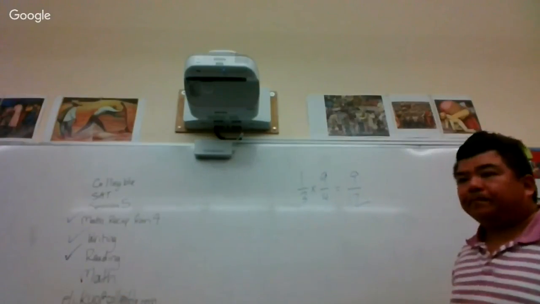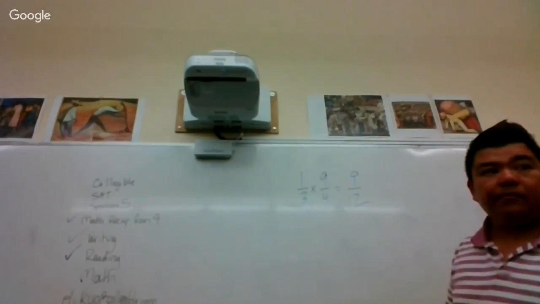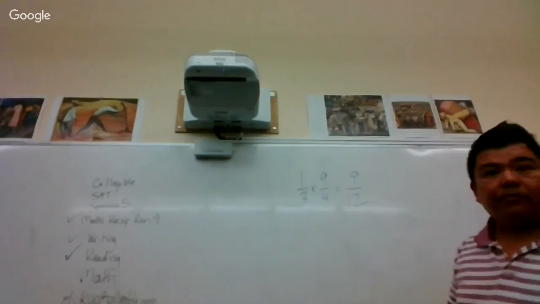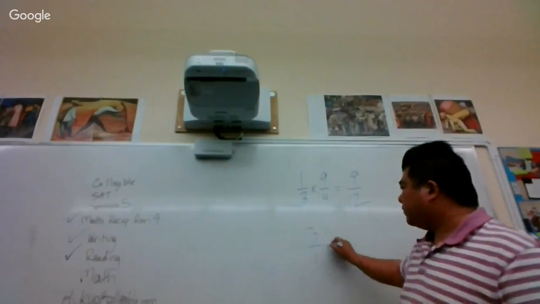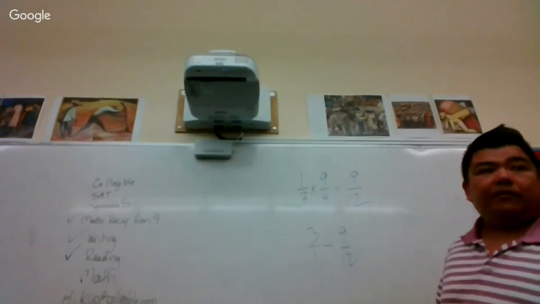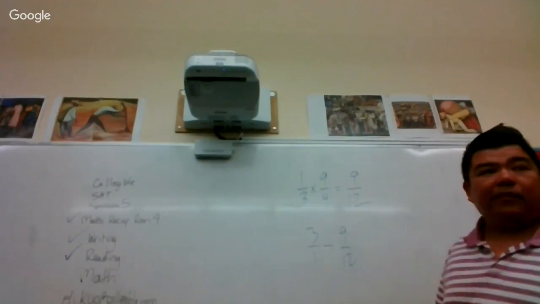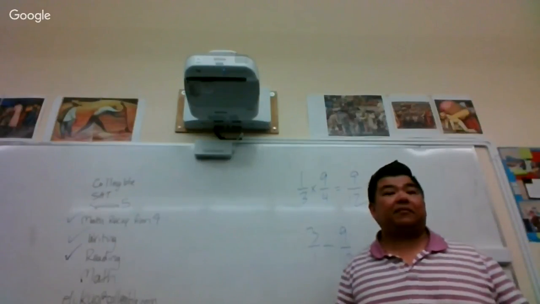You could turn the 3 into 3 over 1 minus 9 over 12. You could do that, or you could multiply it more. Okay. I do 36 over 12.